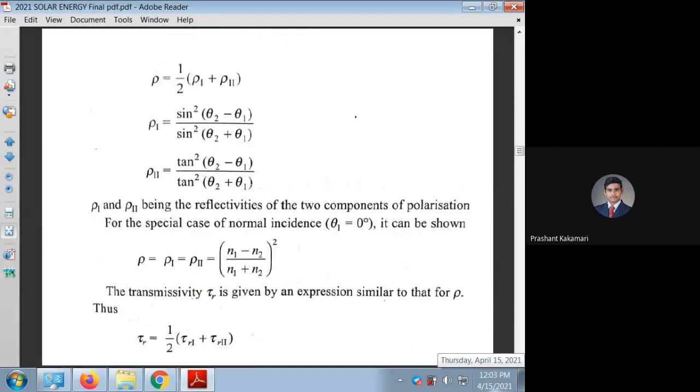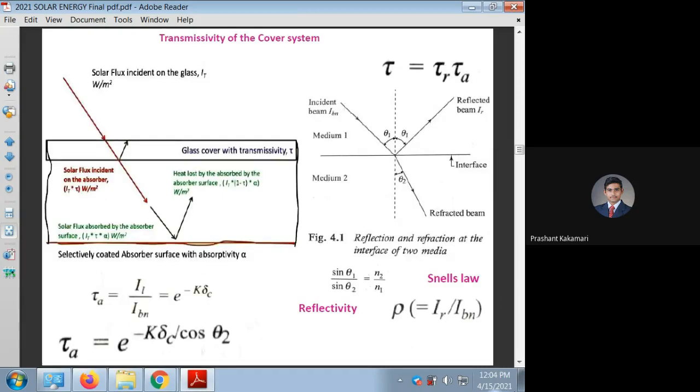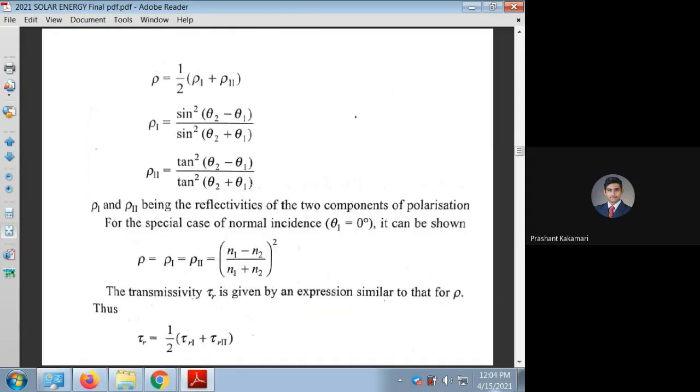Now, coming to the next part, here we are going to discuss the reflectivity components in the two mediums. You can take rho 1 as medium 1 and medium 2, as I have discussed. The same parameters we are going to discuss once again.